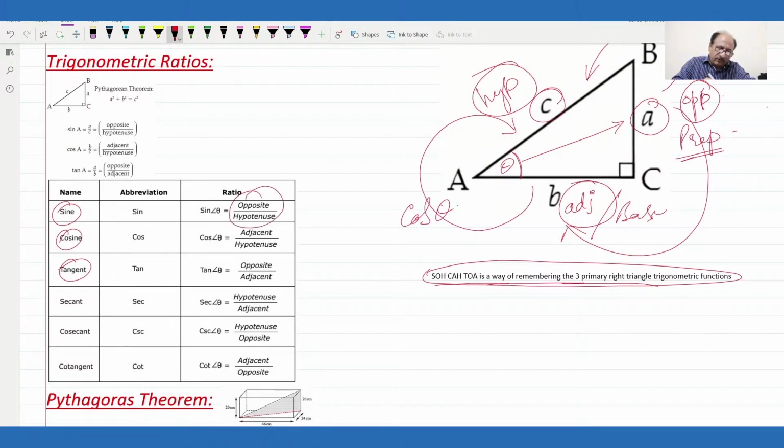If we take the inverse of sine, hypotenuse over opposite, it will be cosecant, and if we take hypotenuse over adjacent, the inverse of cos, it will be secant. Similarly, if we take the inverse of tan, adjacent over opposite, it will be cotangent theta. So basically these are inverse trigonometric ratios which are involved in some syllabuses, so I have just mentioned this.